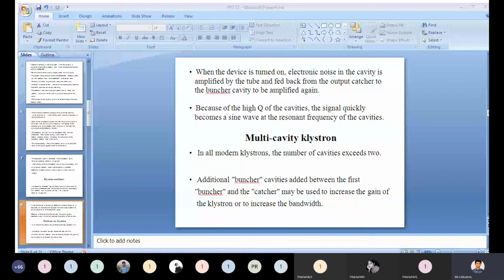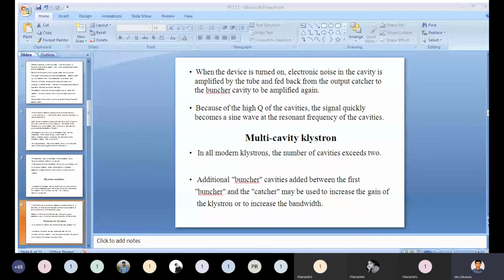See this diagram. This is a reflection klystron. Sometimes you need to call this also the Schouten tube, after Robert Schouten. The reflection klystron was a low power klystron tube with a single cavity.